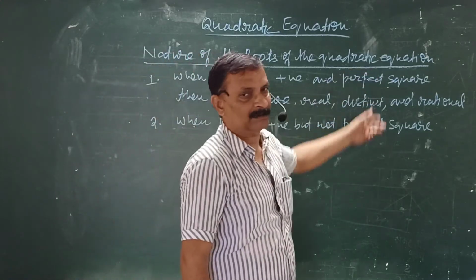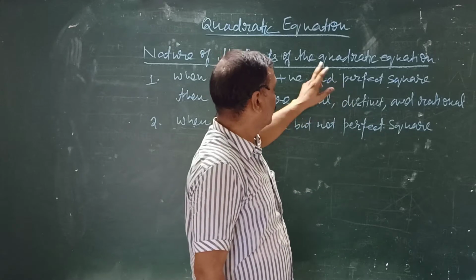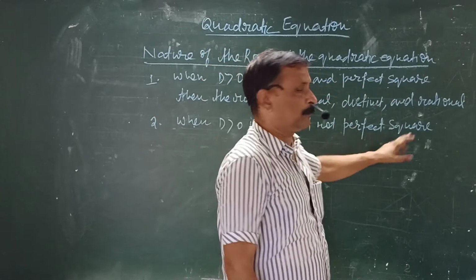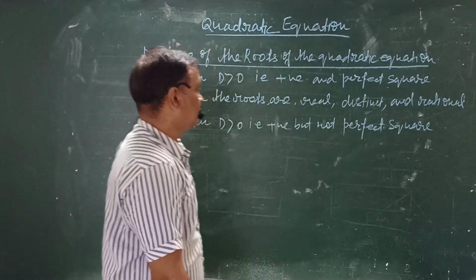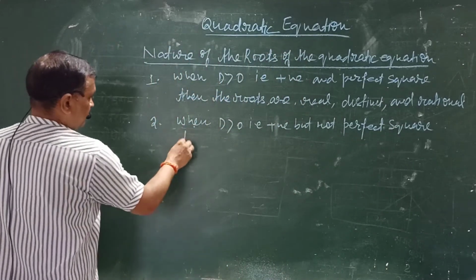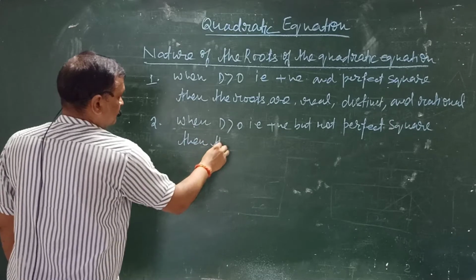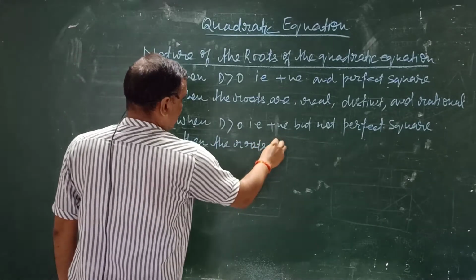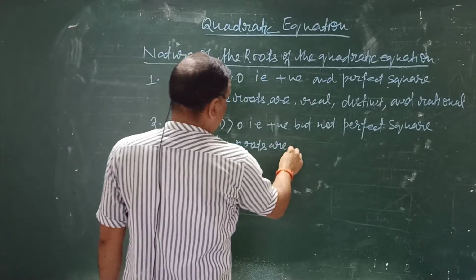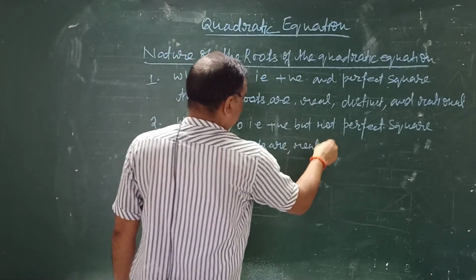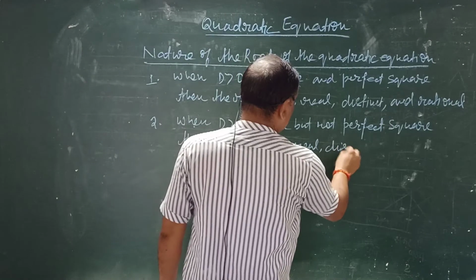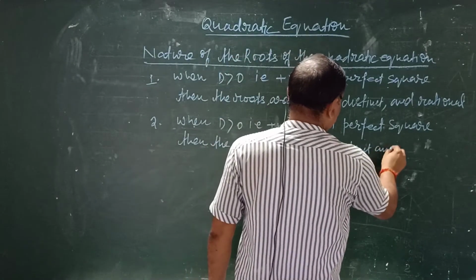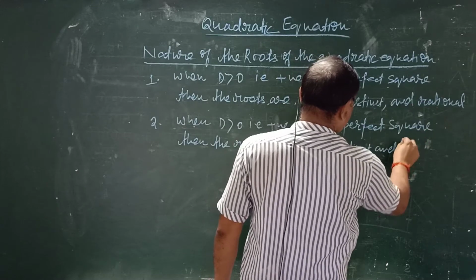The difference between first and second is that in the first point it is a perfect square and in the second point it is not a perfect square. We change rational to irrational.